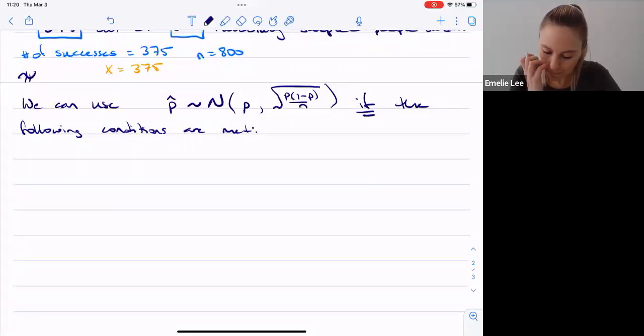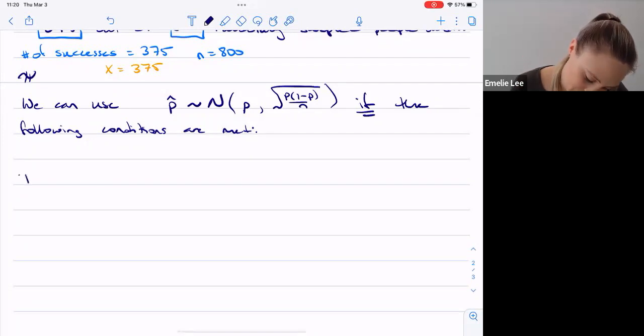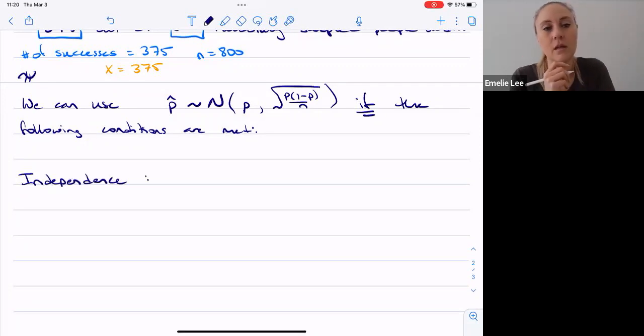But the first condition is the independence condition. So the main independence condition is, okay, we have to be able to assume that everyone in our sample is independent of each other, or all the observations are independent of each other.